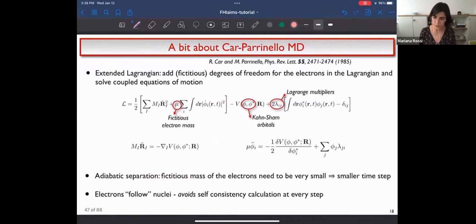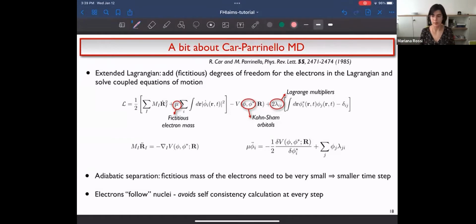So because mu has to be very small, the actual highest vibrational frequency in this scheme is quite high. So you have to use very small time steps to integrate these equations of motion, but you get as an advantage that the electrons follow the nuclear evolution, so you can effectively avoid achieving self-consistency at every step and basically gain time by that.